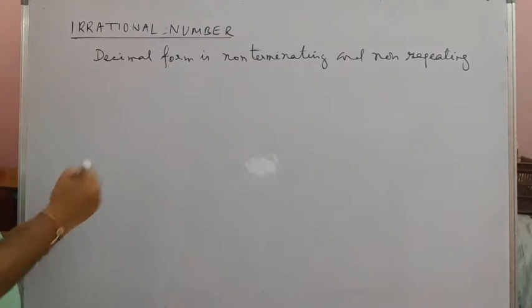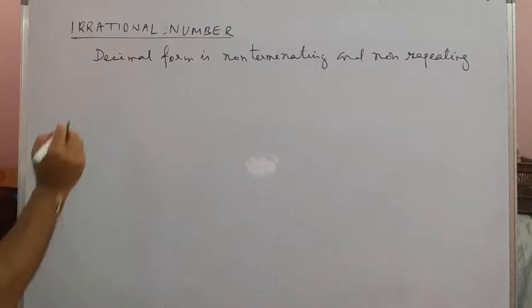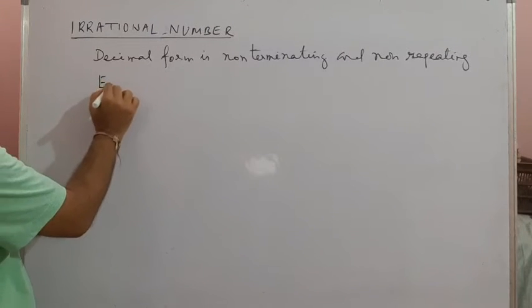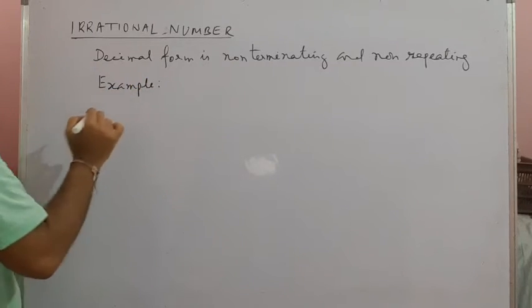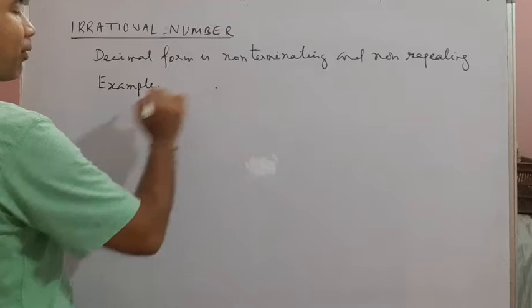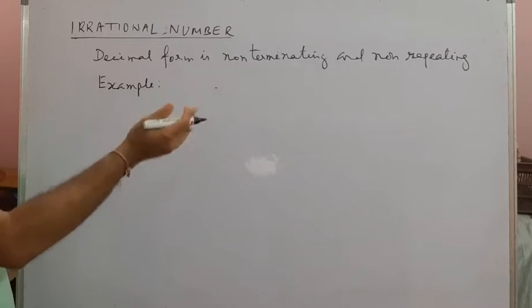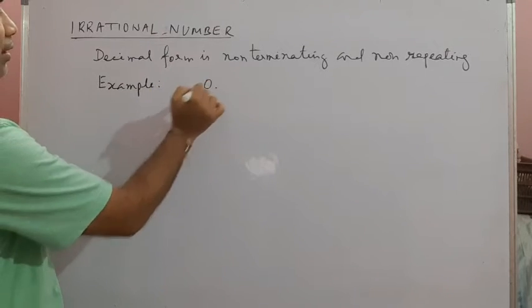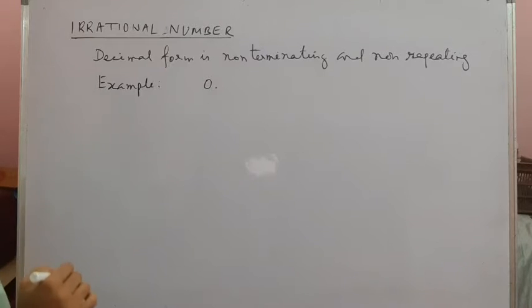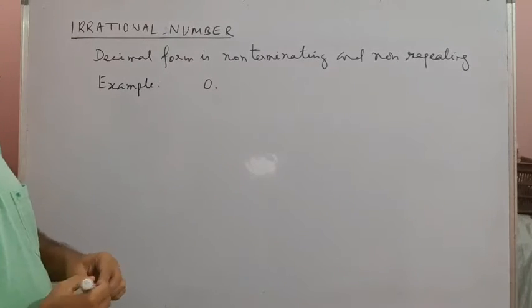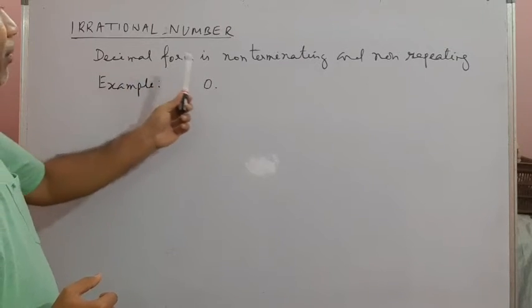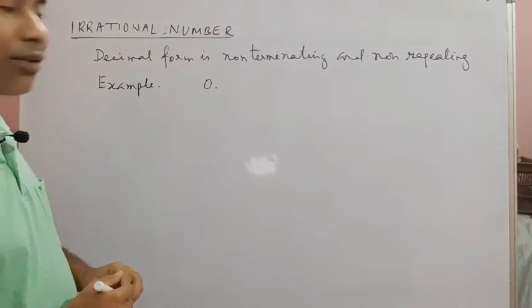So if you are asked to give an example, how can I give an example of an irrational number? First you write the decimal point. On the left side of the decimal point, you can put any digit or number. On the right side, the decimal place, the decimal form is non-terminating and non-repeating.